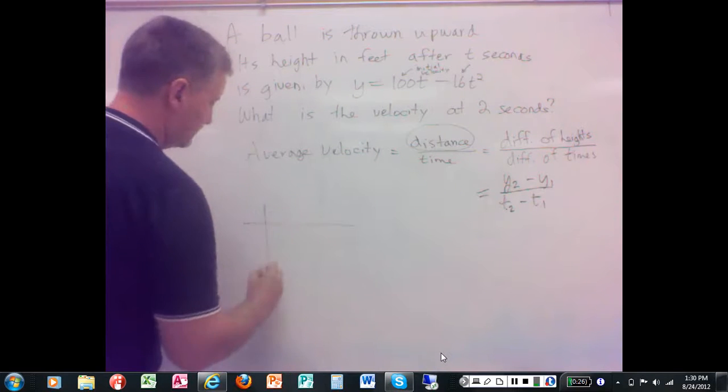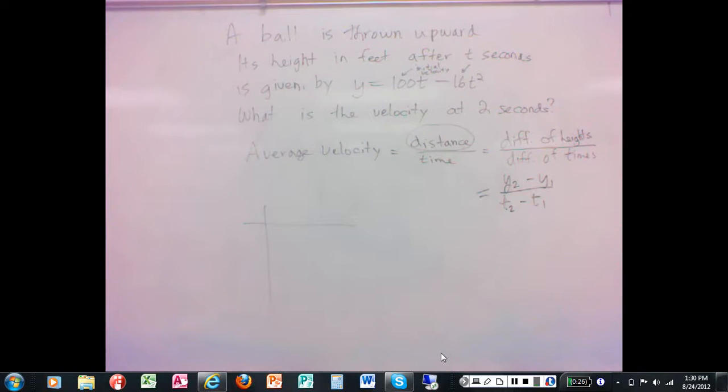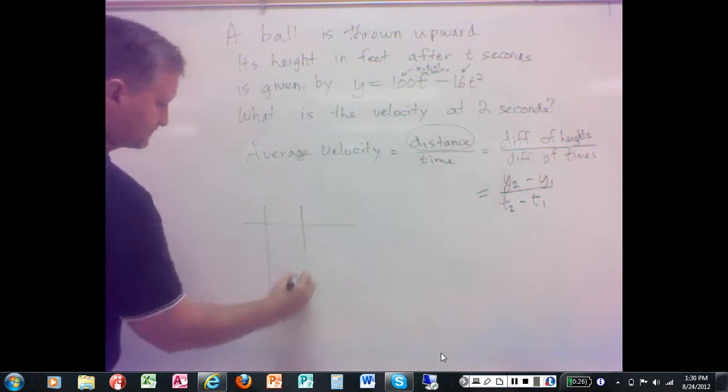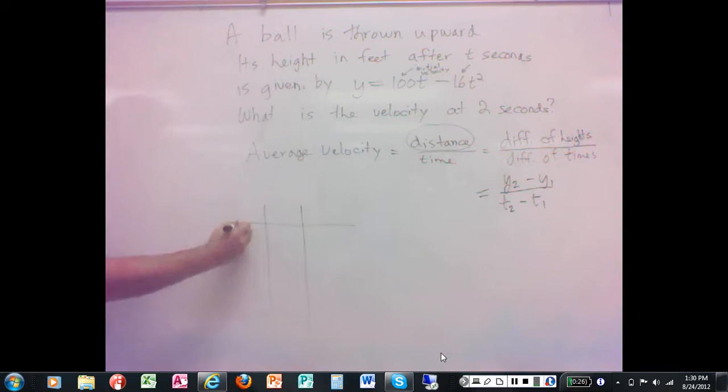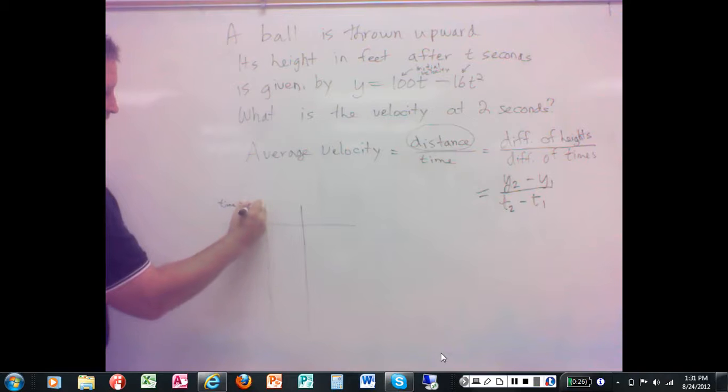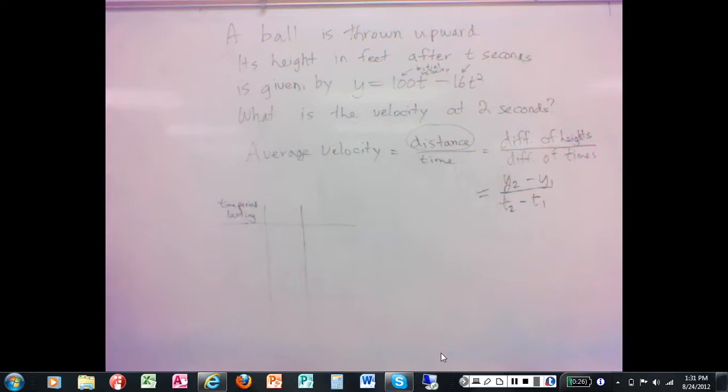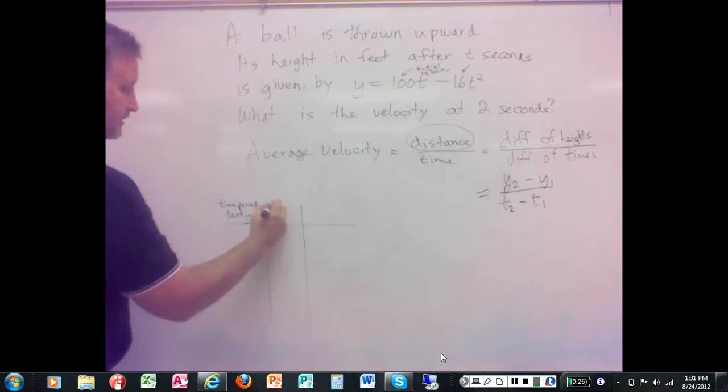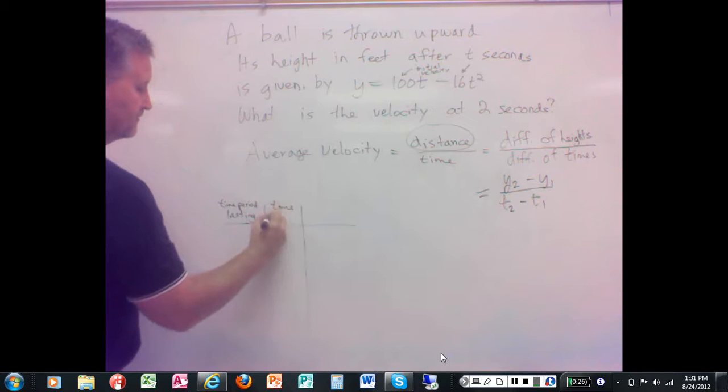All right. Well, let's set this up in a table. Let me give you 2 different scenarios here. One of the questions gives you the time period lasting so many seconds, and then also it gives you an incremental time interval.